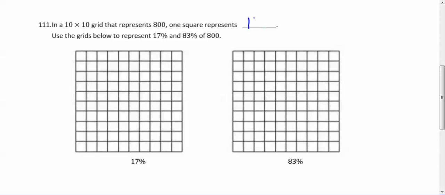So each box represents 1%. How much would that be as a number if there's 100 boxes and it's worth 800? Yes, somebody said it. It would be 8, right? So each box is worth 8. So now you got to figure out what 17 of those boxes would be worth, and in this case, what would 83 be?